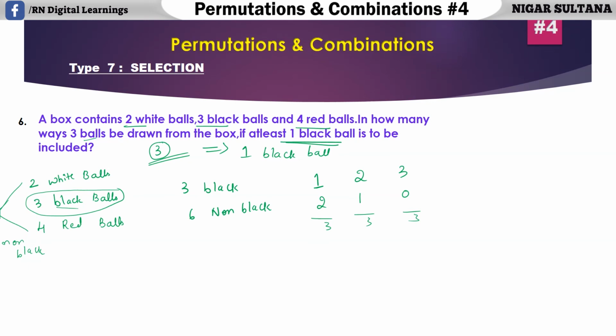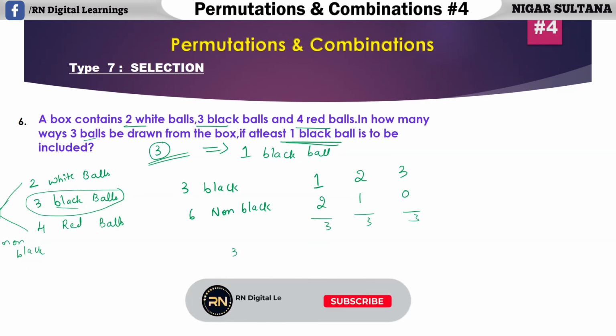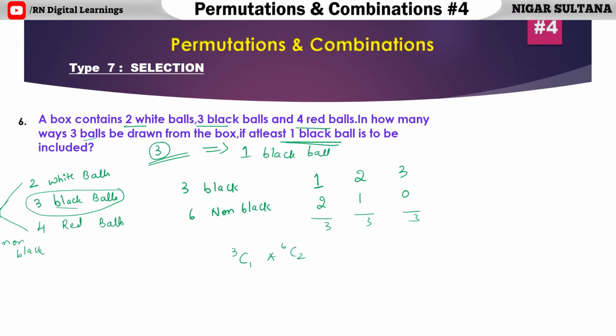Now how can we represent this? So what is the total number of black we have? 3C1 star 6C2. This part has to be written 6C2. Now plus this is 2, right? 3C2 star 6C1, plus this is 3C3, right?